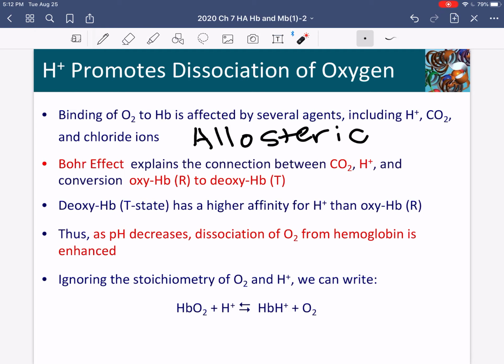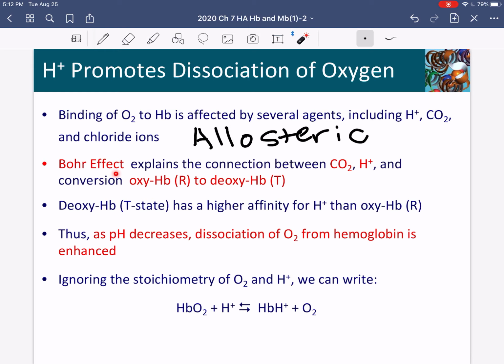Because remember, the T state, deoxyhemoglobin, does not easily bind to oxygen unless you're at very, very high concentrations of oxygen in the lung artery interface, right? So one of the allosteric effectors of hemoglobin is protons that are built up as a consequence of metabolically active tissues.